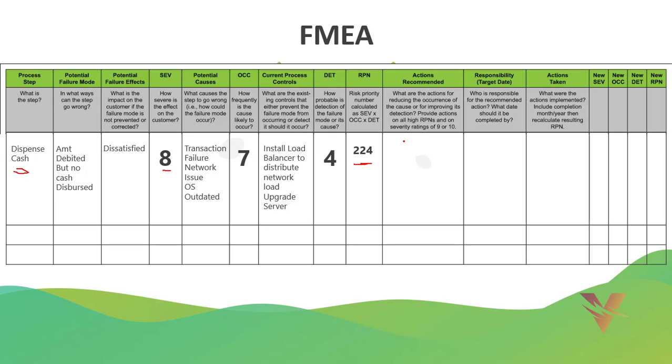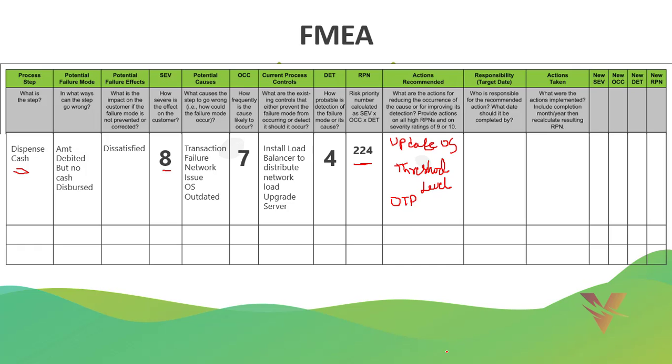Okay, first thing is update the OS. Second is improve the threshold levels across ATMs. Third, we can also give this option where customers will get OTPs on their mobile phone.